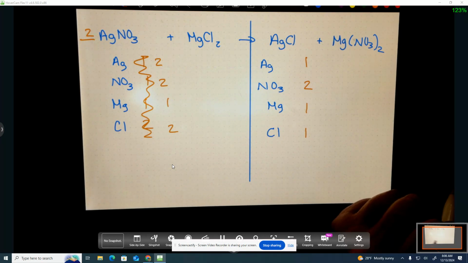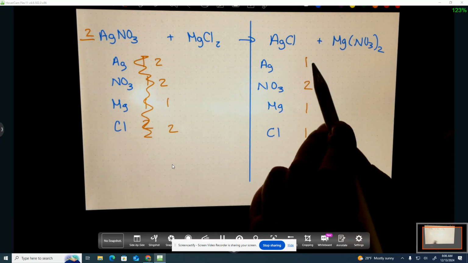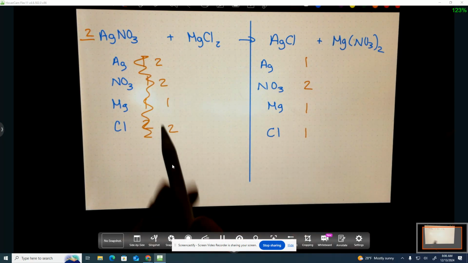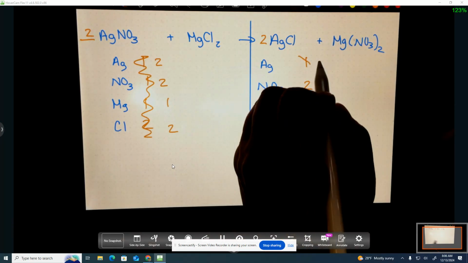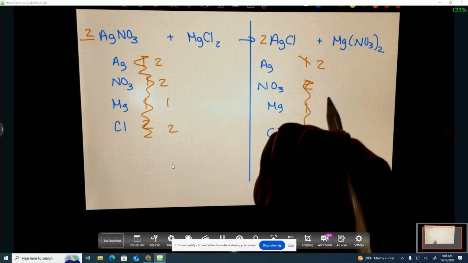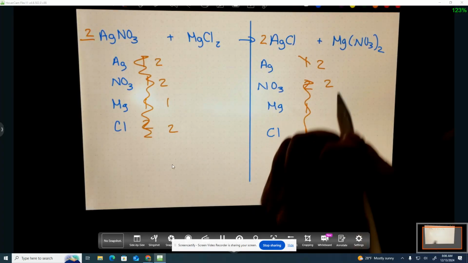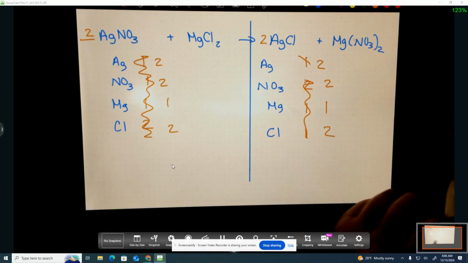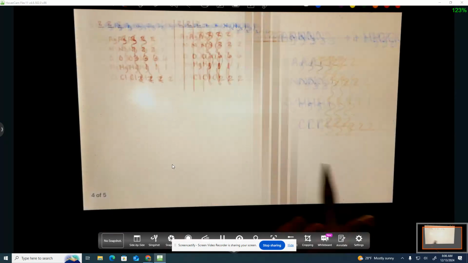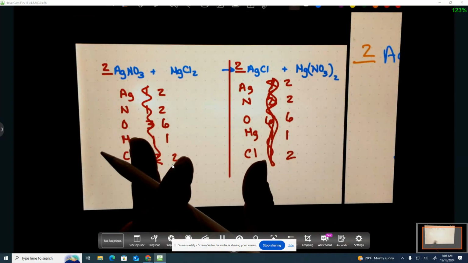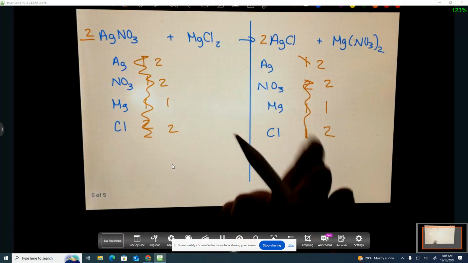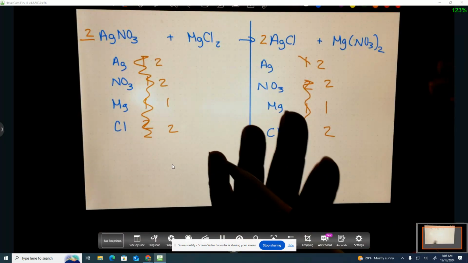In front of the silver chloride, because the silver doesn't match and the chlorines don't match. I'm going to put a 2 here. Recount. 2, 2, 1, 2. Okay? So, you can do it either way, but this is simpler to keep that polyatomic ion together.